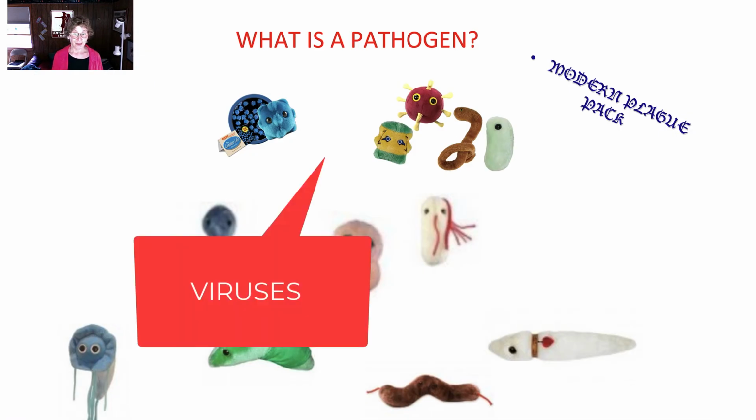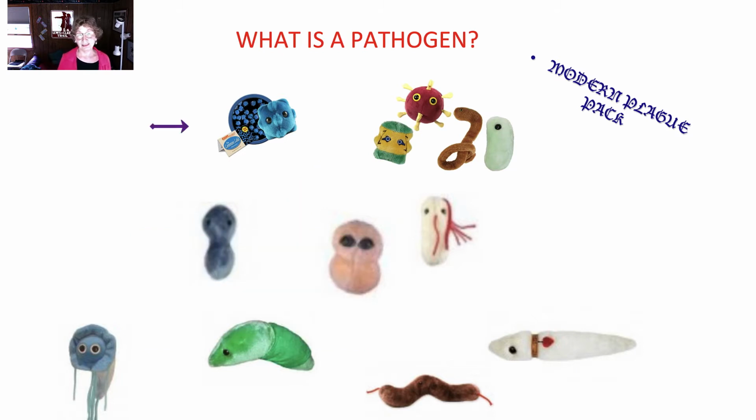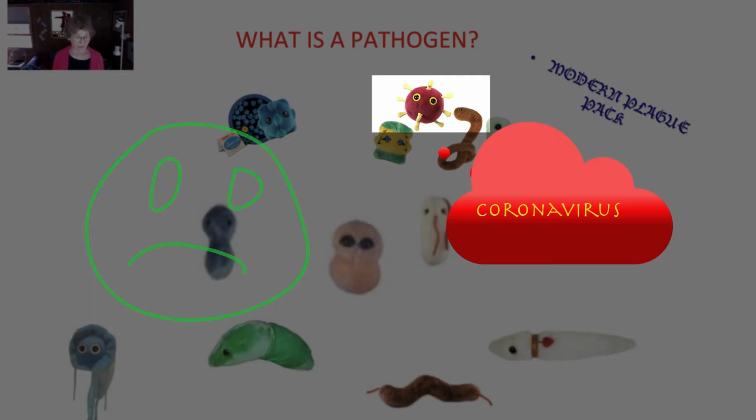The top row, we have viral infections, such as the rhinovirus, the common cold, and then what the Giant Microbes folks put together in what they call their modern plague pack, which includes Zika virus, the flu virus, Ebola virus, and the coronavirus.